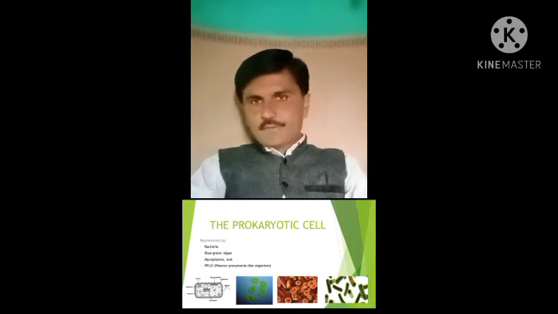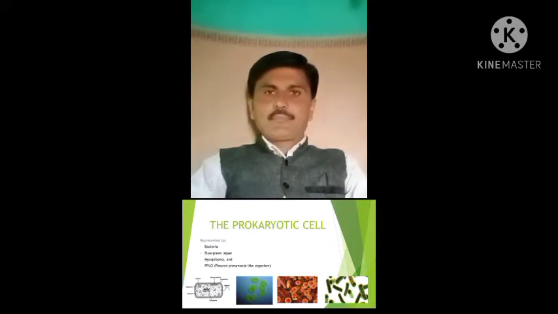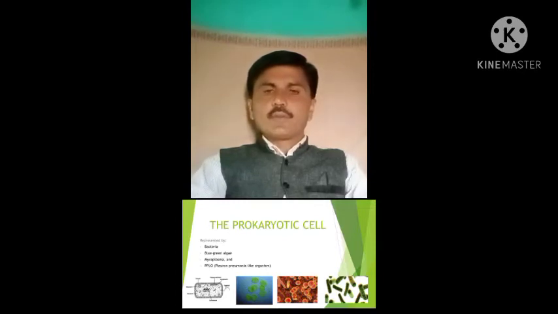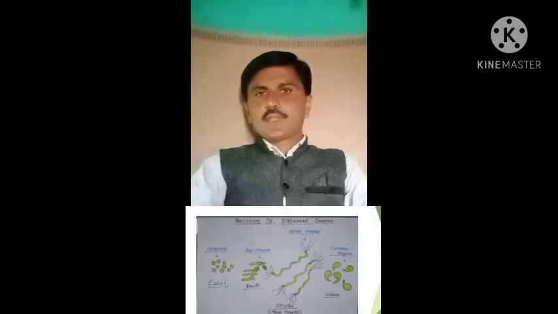While studying the shapes of the bacteria, there are different types of shapes. When the bacteria appear spherical or circular, we call it cocci. When it appears rod shaped, somewhat elongated, we call it bacillus.